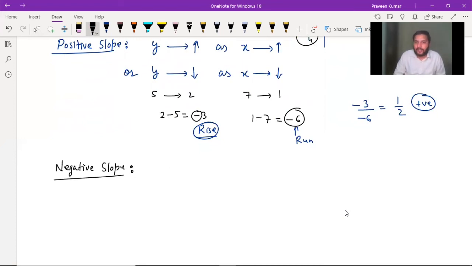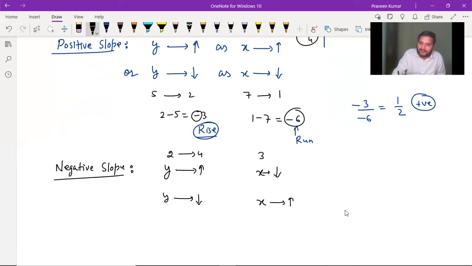So let us understand what about negative slope. Negative slope means there is inverse relation between rise and run. So as y increases, x decreases. Y decreases, x increases. You can clearly take some examples. This changes from 2 to 4.